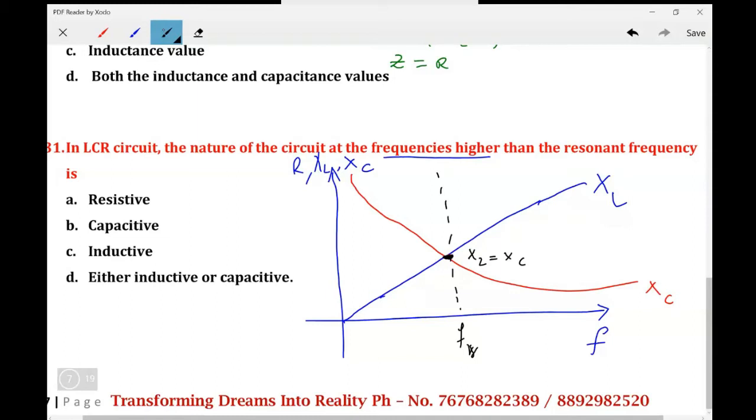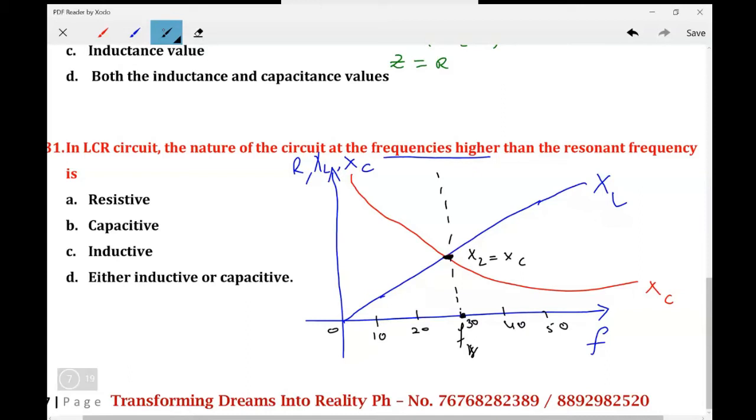Done. Next, if you observe, now what are you doing with the frequency? You are increasing. Maybe let's take for example, if this is 10, this is 20, let us take 30. Again, if you increase frequency 40, 50, correct? Now resonant frequency is near 30. So just an example for understanding.